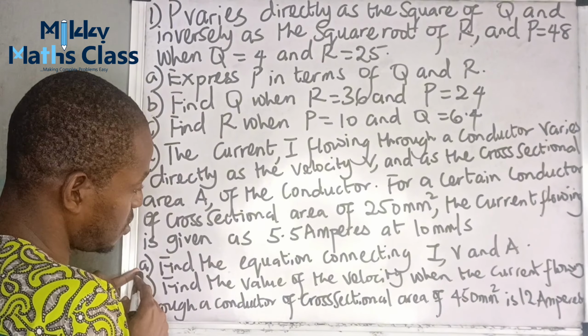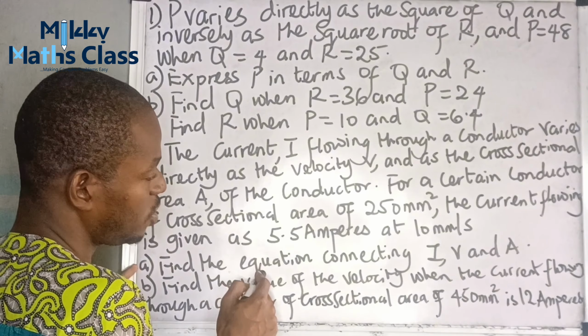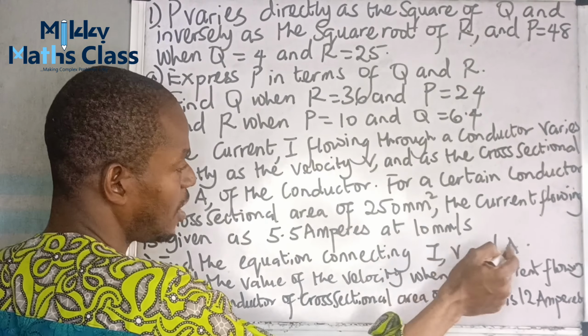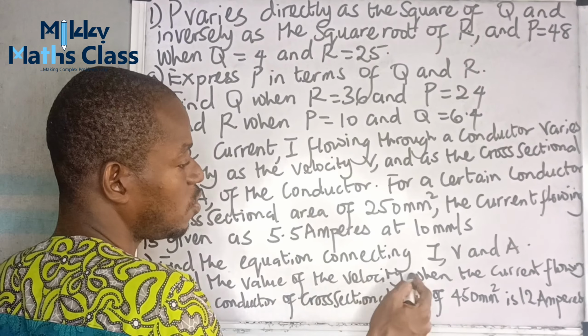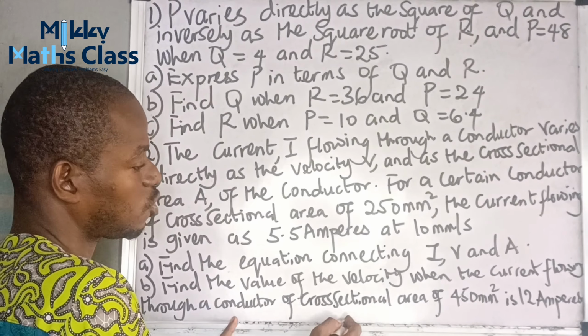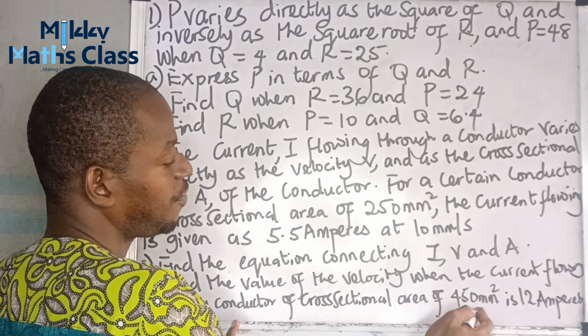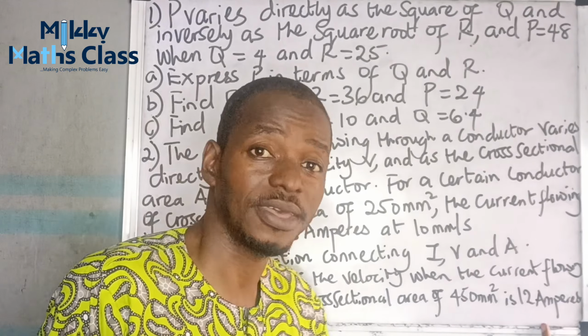The first thing that we are asked to find is the equation connecting I, V, and A. The second one says find the value of the velocity when the current flowing through a conductor of cross-sectional area of 450 millimeters squared is 12 amperes.